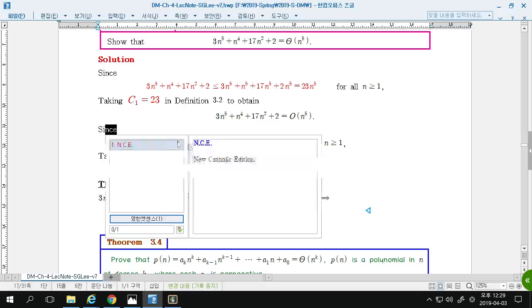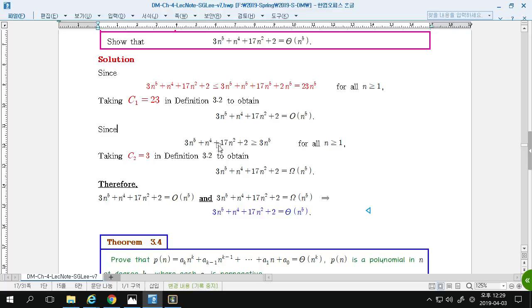Second, we want to find the lower bound of this. If n is bigger than or equal to 1, then this left-hand side is always bigger than the right-hand side, because the rest is always bigger than or equal to 0. So this left-hand side is always bigger than or equal to 3 times n to the fifth.